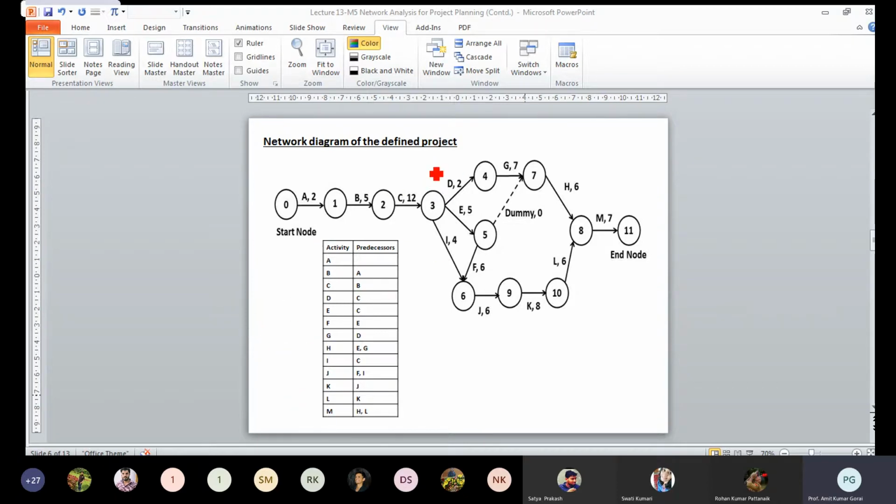One by one I will check it. So once we complete activity C, we can start the jobs D and E parallelly.